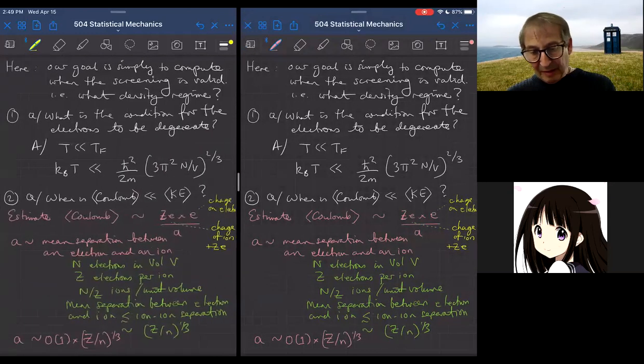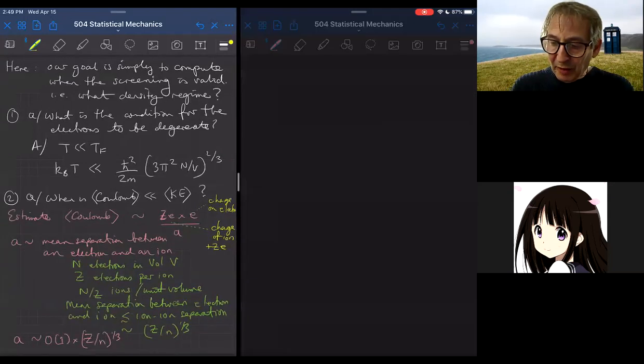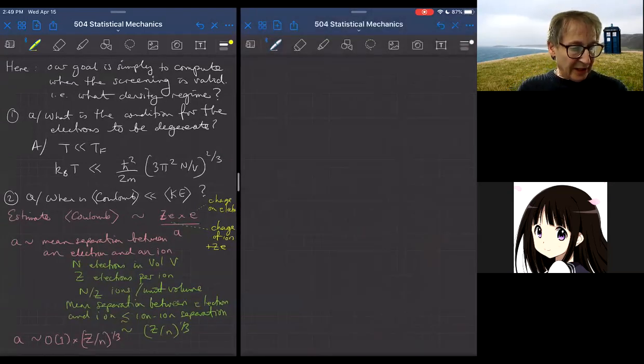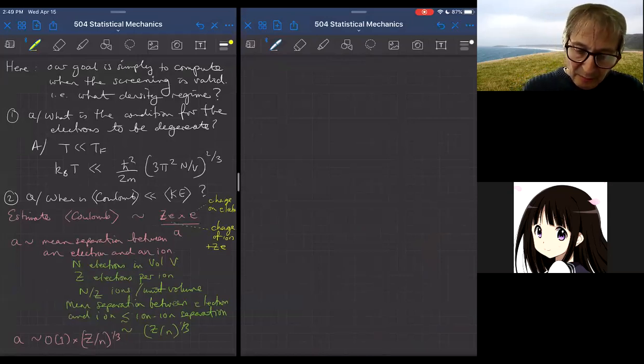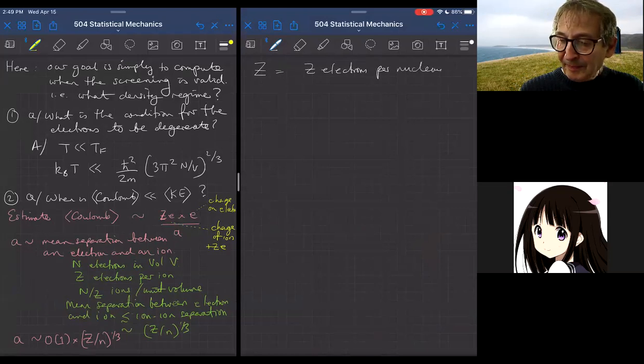Okay, so now I know the mean separation, so now I can work out what the mean kinetic energy is. So this factor of Z, I just want to make sure that everybody completely understands that. This factor of Z is the valence state of the nucleus. So there are Z electrons per nucleus in these atoms. Okay? So now let's ask what the kinetic energy is.